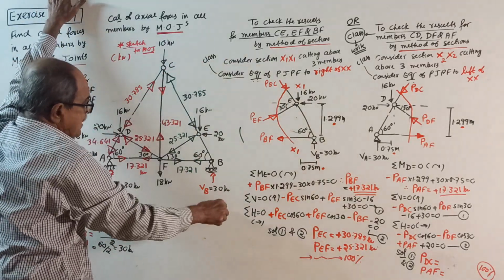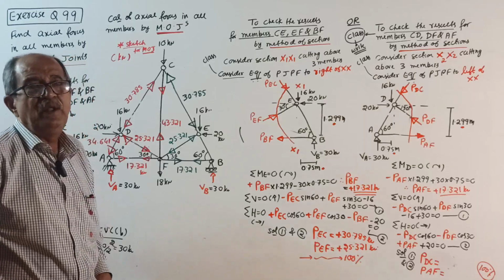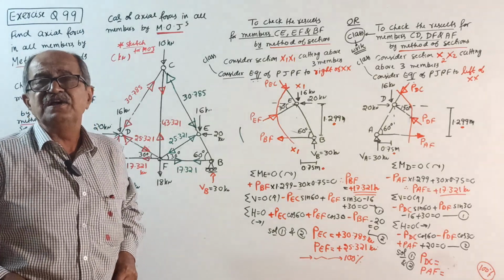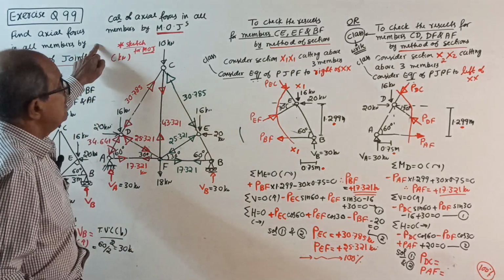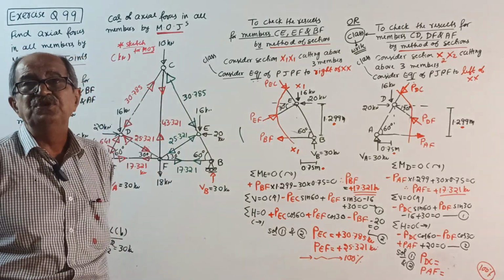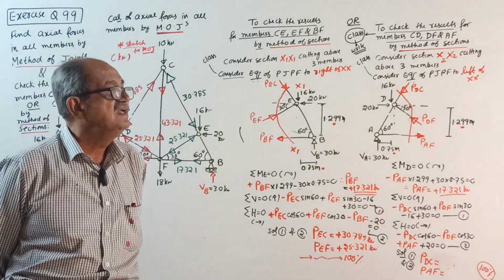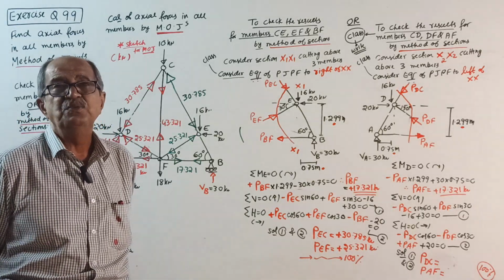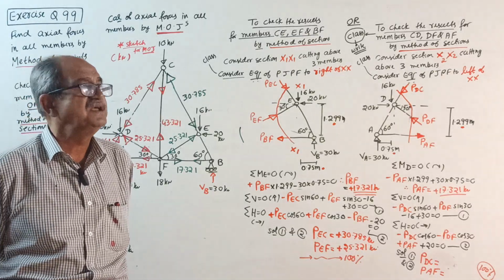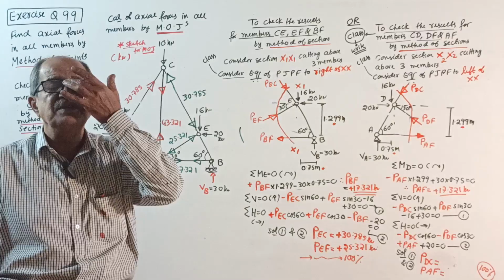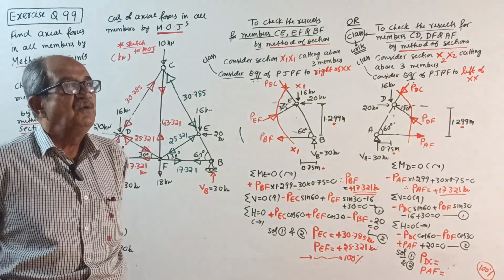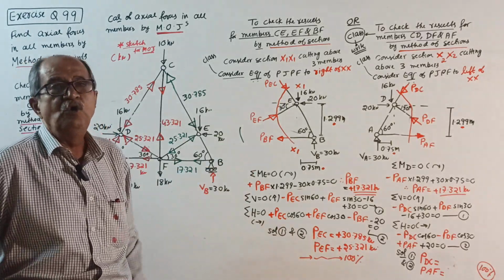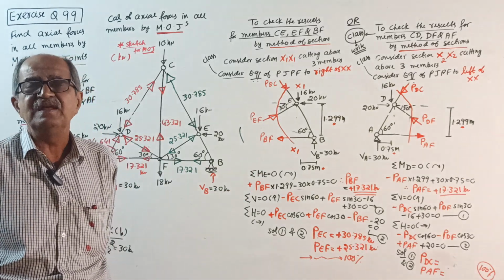This is the result by method of joint. Today also a little short class because I told so many problems with zero force members, very important. I decided to have one more class because it is very important for competitive examinations. In many competitive examinations, a frame will be given and they will ask how many zero force members are there?